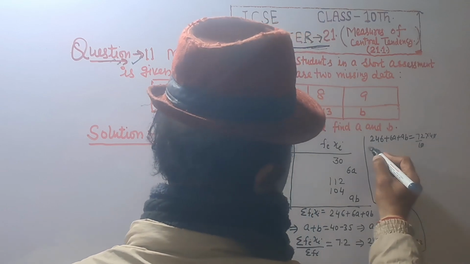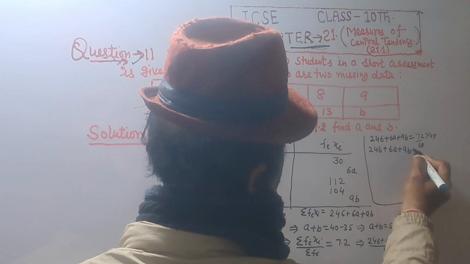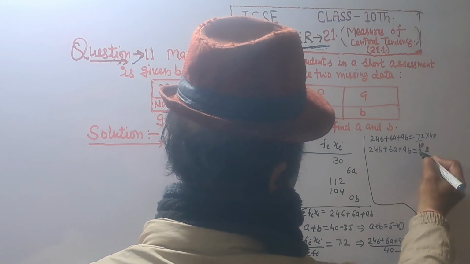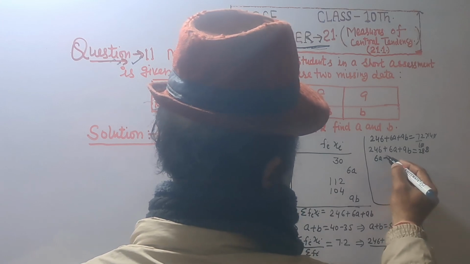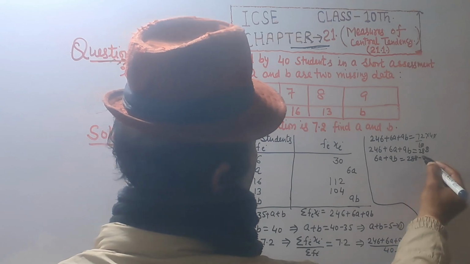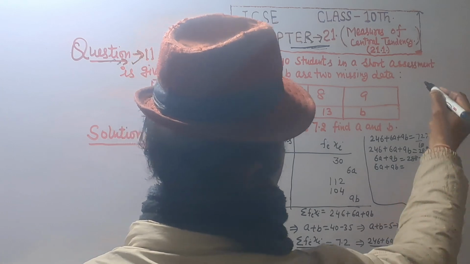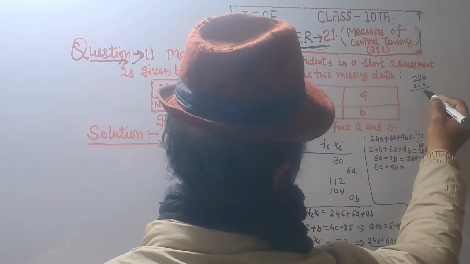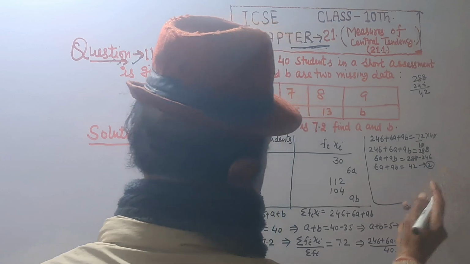This is cancelled, and 246 plus 6A plus 9B equal to 4 2s are 8, 7 4s are 28. 6A plus 9B equal to 288 minus 246. 6A plus 9B equal to 42. It's equation number second.